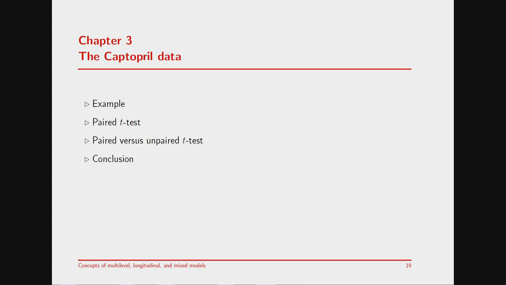All right, then let's start to look for the first time at a very simple longitudinal data structure. The most simple longitudinal data structure you can think about is a paired data set, paired observations, like what we referred to before.